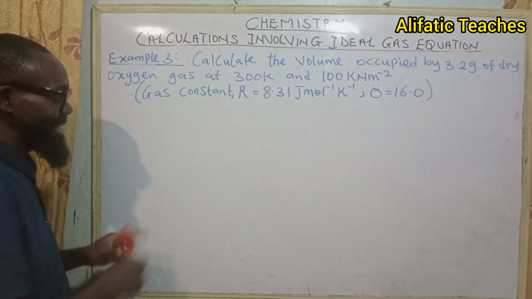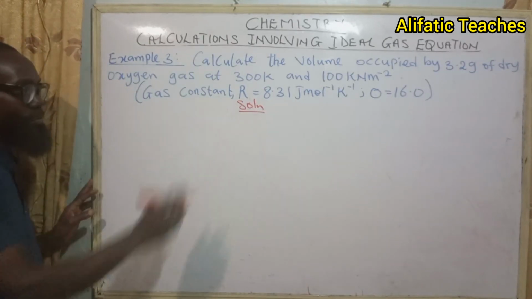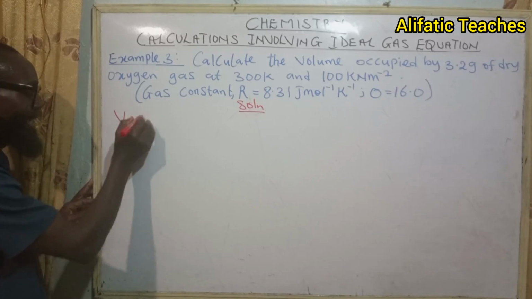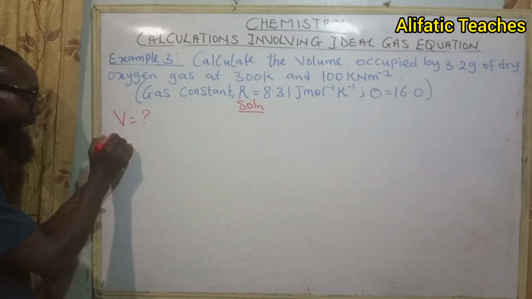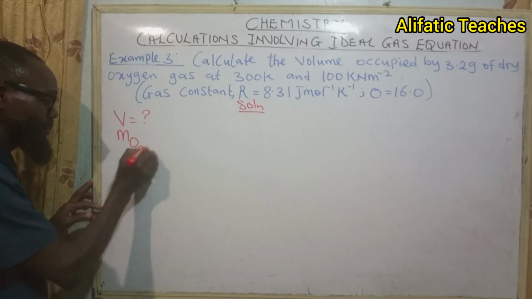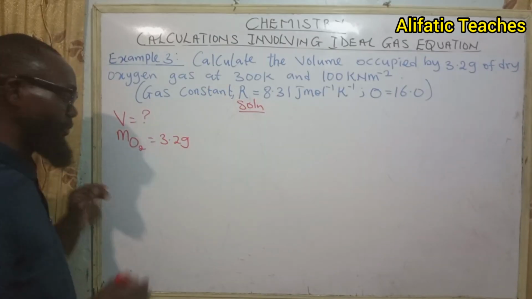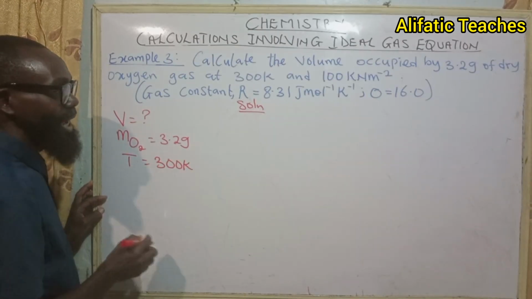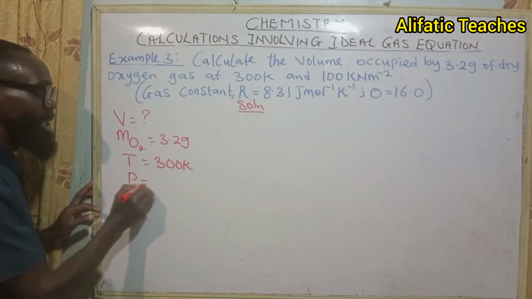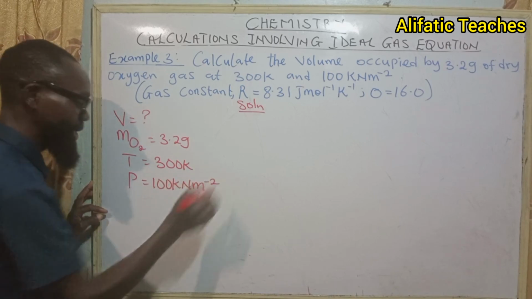From here, let's take out our parameters. Calculate the volume. Mass of oxygen, 3.2 grams. Temperature, 300 Kelvin. And our pressure is 100 kilonewton per meter square.